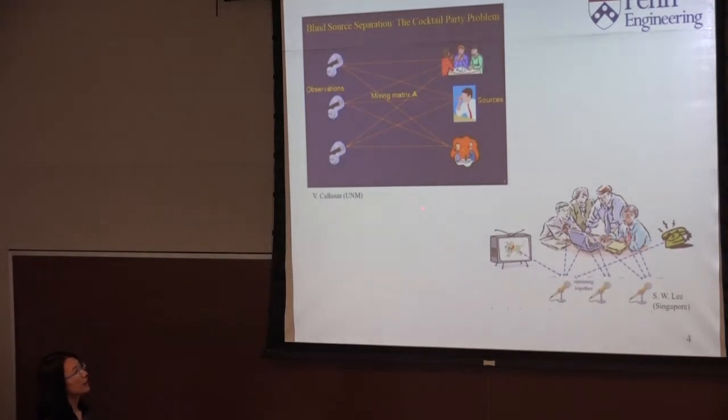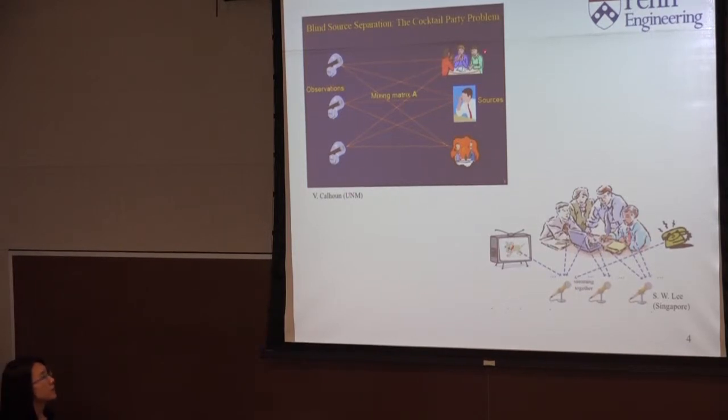This is an application of the BSS problem. For example, in a room, we have three groups of people talking, and their talk is independent of each other. We have three microphones that receive a mixture of these three processes.